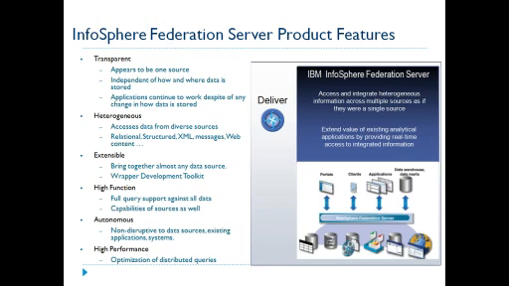IBM has made the claim for many years, and again, this is not anything that I've seen run in a benchmark, that because IBM's optimizer technology is so superior, you can run faster against Oracle data sources using Infosphere Federation server than you can natively against Oracle using their own client software.